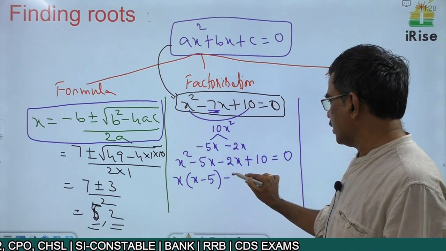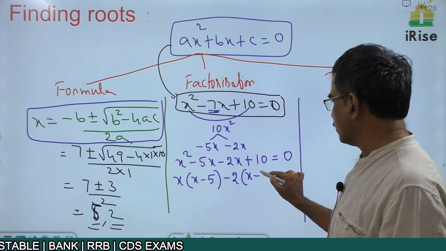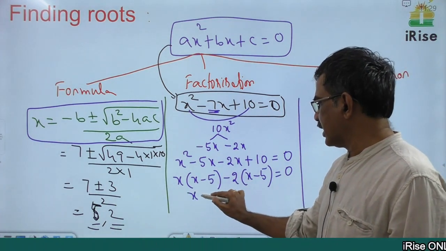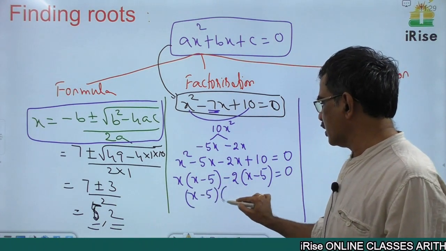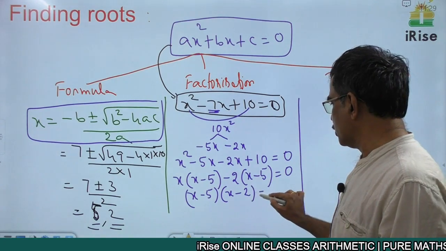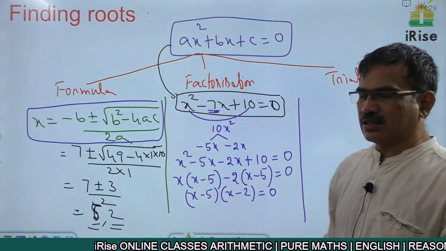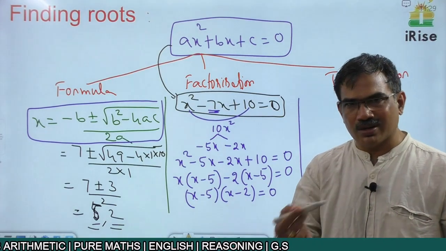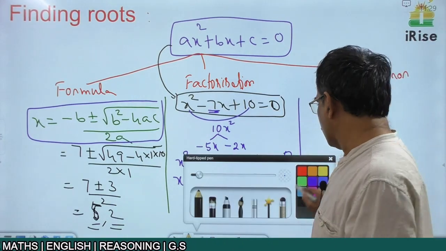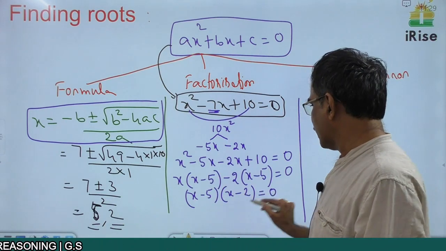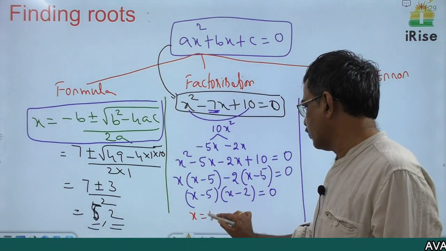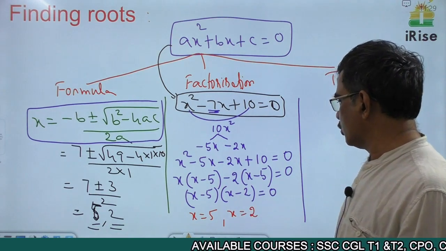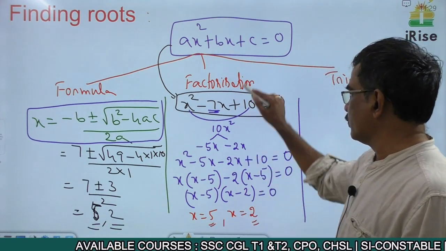From the last two take minus 2 common, we get minus 2 into x minus 5 is equal to 0. Again take x minus 5 common, we get x minus 5 into x minus 2 is equal to 0. So the product of two factors is equal to 0. So either the first factor is 0 or the second factor is 0 or both are zero. Therefore, x minus 5 is equal to 0, x is equal to 5. x minus 2 is equal to 0, x is equal to 2. So 5 comma 2 are the roots of this equation.